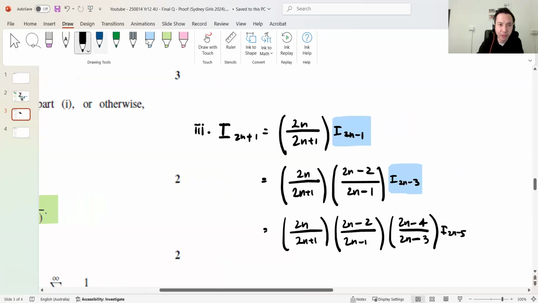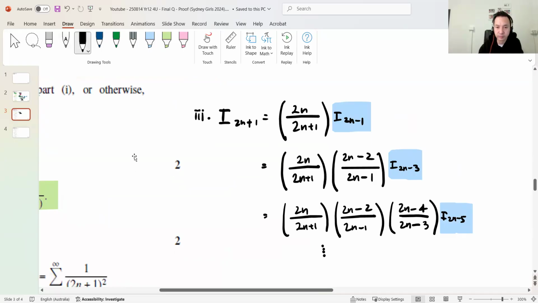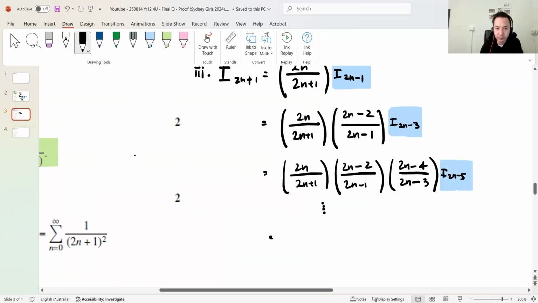Now you can sort of see that the top is slowly decreasing by 2, and so is the bottom, right? But it's sort of mismatched. The bottom is like 1 bigger, right? So then I'm going to use that. Right? That equals 2. I'm just going to be a little lazy and just copy that.